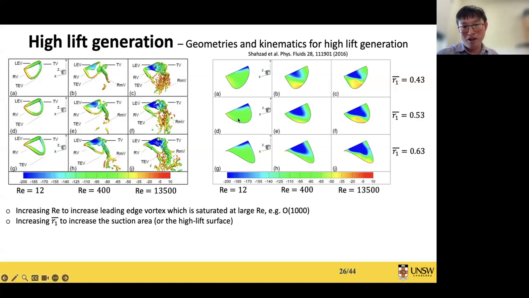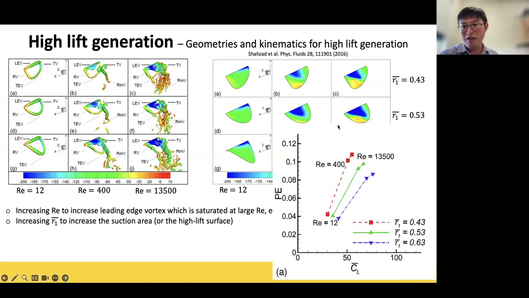This is a medium R1, and this is a high R1. When we increase R1, the low pressure suction area increases. And therefore all these together determine the lift or power economy of this flapping wing, as shown here.